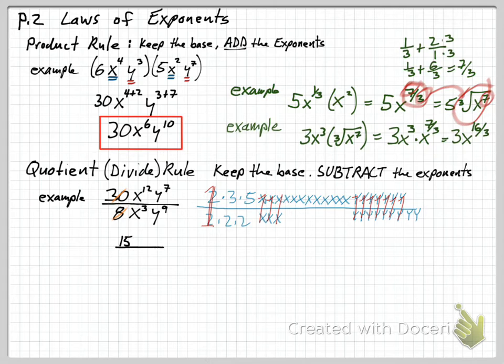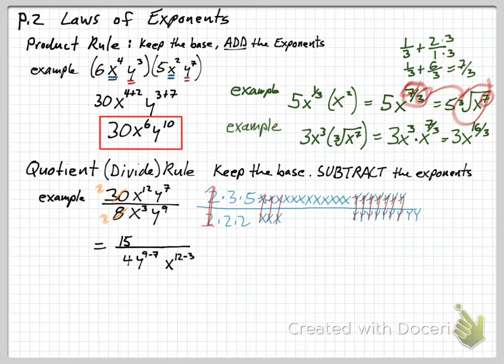All right, so the 30 and the 8 both can be divided by 2. There's the 12 minus 3. I do that operation in the numerator because the 12 is where the big exponent is. The 9 minus 7, I do that in the denominator because the 9 is the big exponent. In other words, I do not want it to look like this.